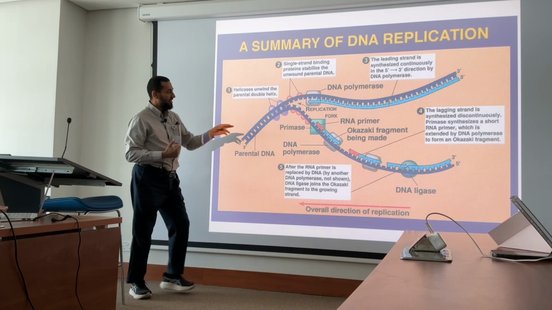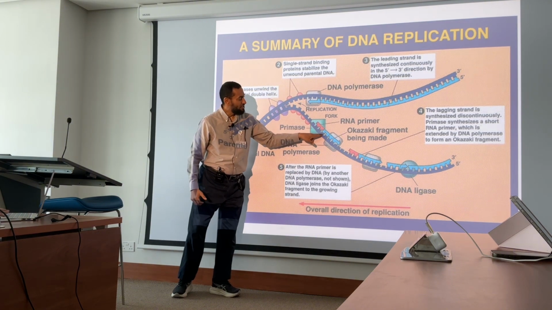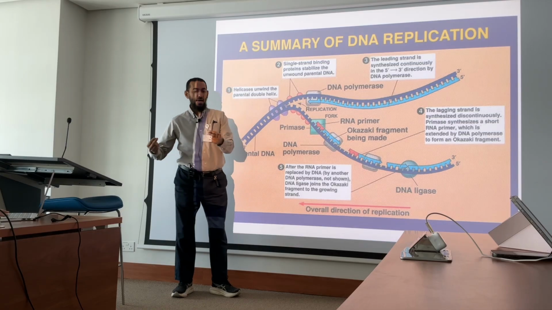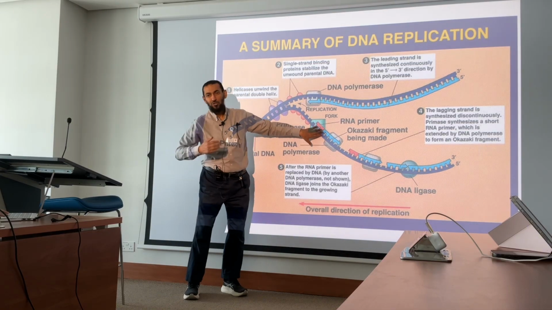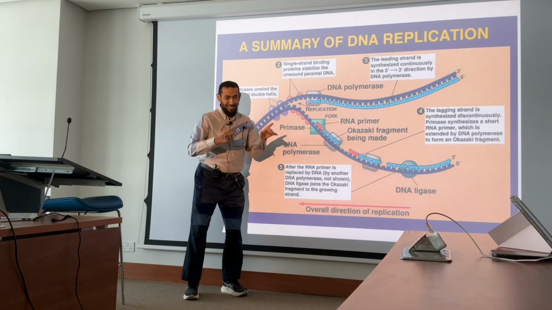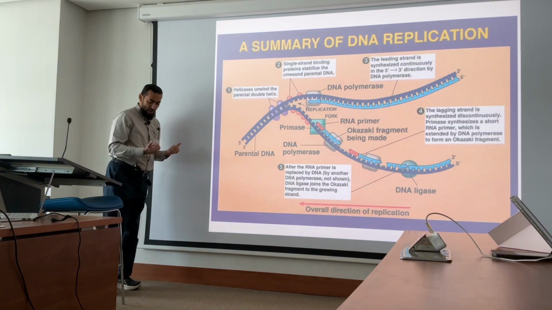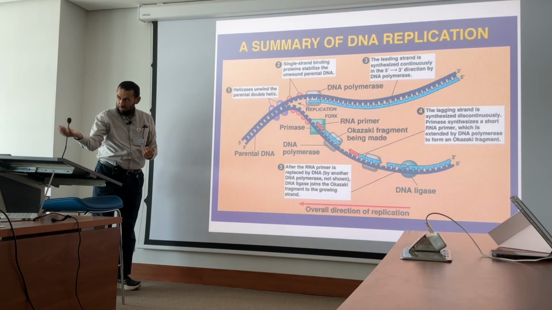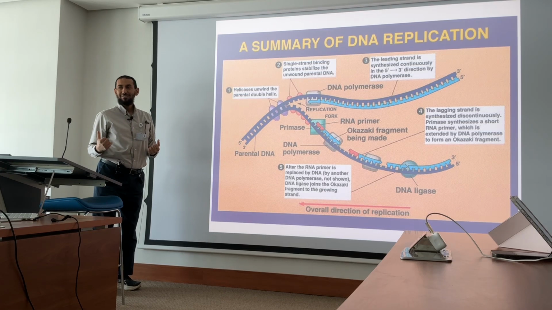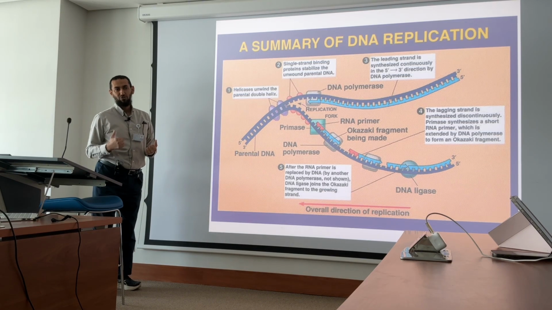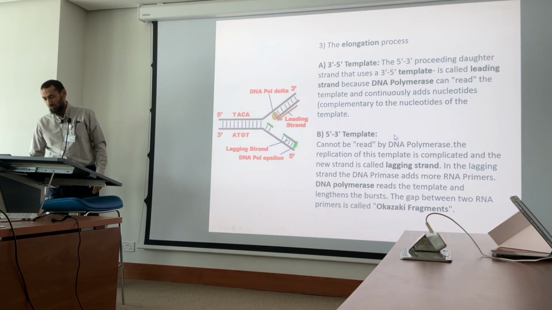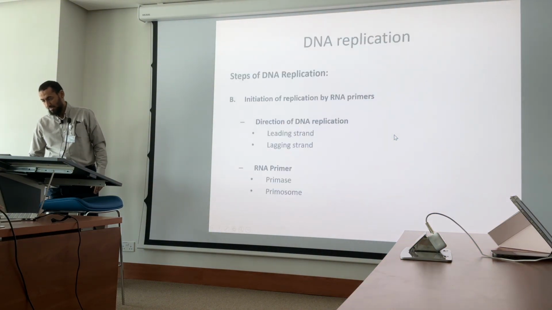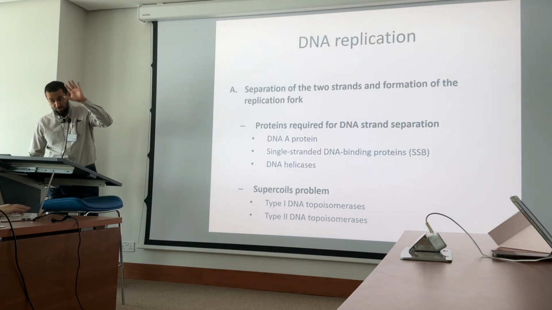Proofreading: if there is a mismatched nucleotide incorporated during the replication, these two enzymes are able to go back one step, remove this mismatch and put the right nucleotide. So these are the steps. Let's go. And now you have the big picture.